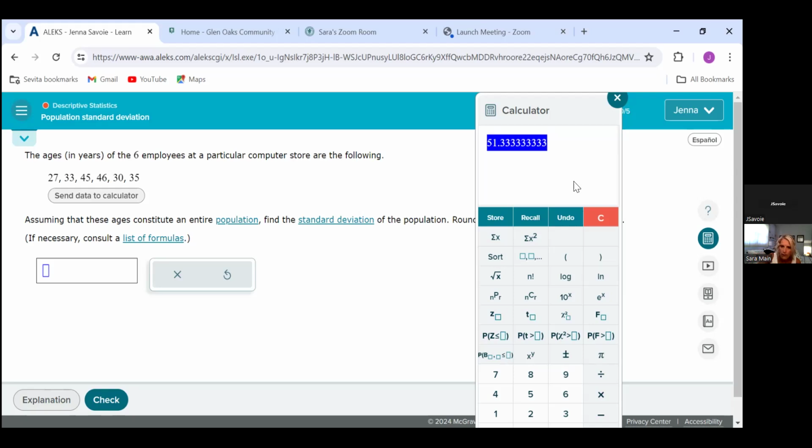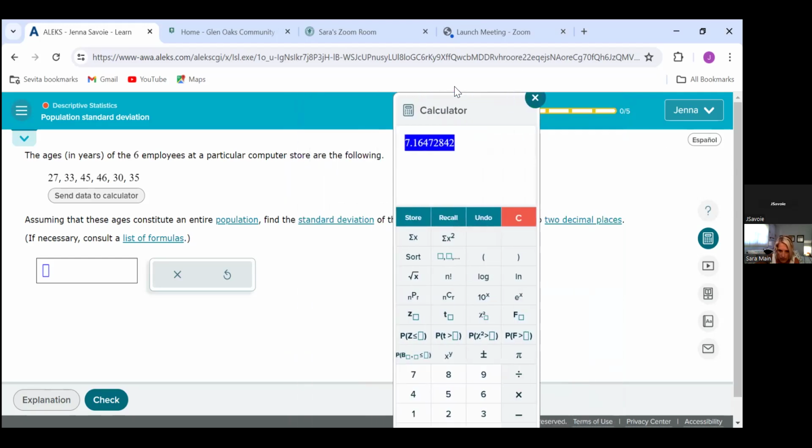So let's just write down 51.33 for just a minute. Don't hit clear or anything because you can just hit the square root button. It's under the sort button. Yep. Okay, so hit that now. Yep. Okay. Yep, and enter. And they want us to round to 2 decimal places.